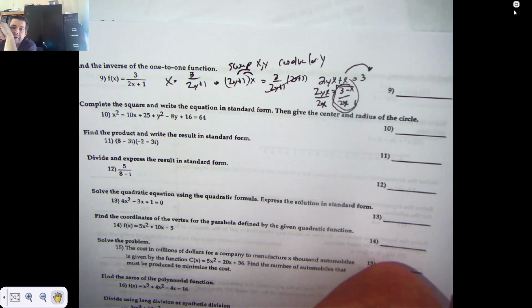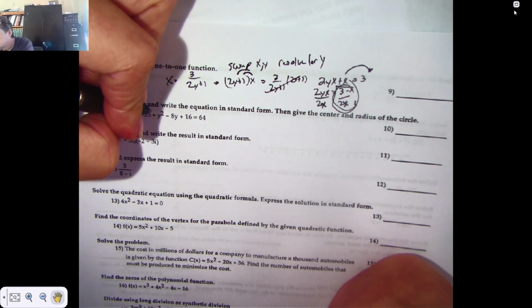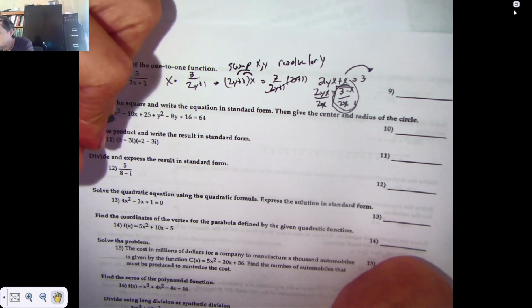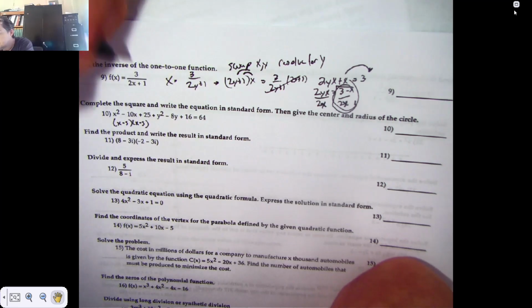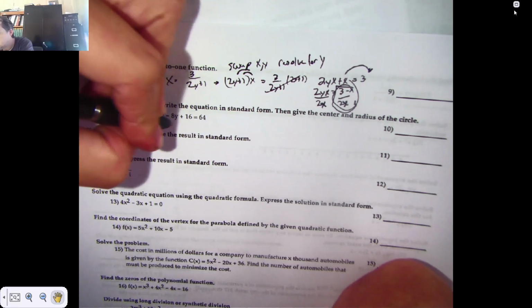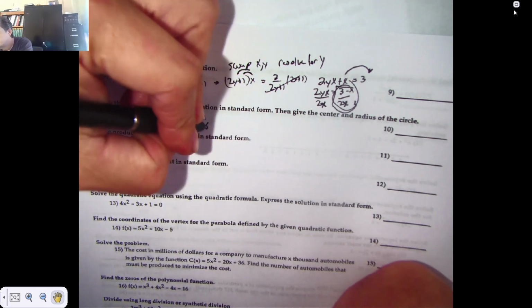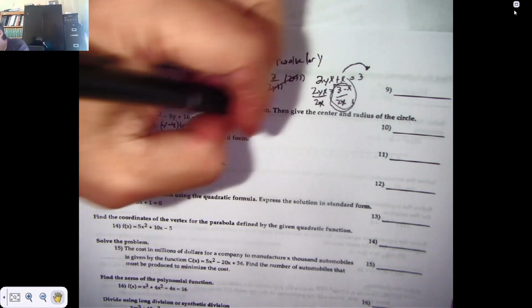C, complete the square and write the equation in standard form. She must be a circle. Yeah, then give the center and radius of the circle. Wow, they actually did all the hard stuff for you. Look at how this piece factors. That's x minus 5 times x minus 5. Plus, this is y minus 4 times y minus 4. They already gave you everything in a position where you didn't have to complete the square. It's all done.